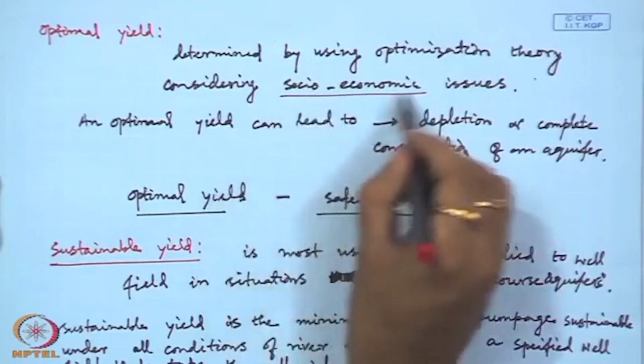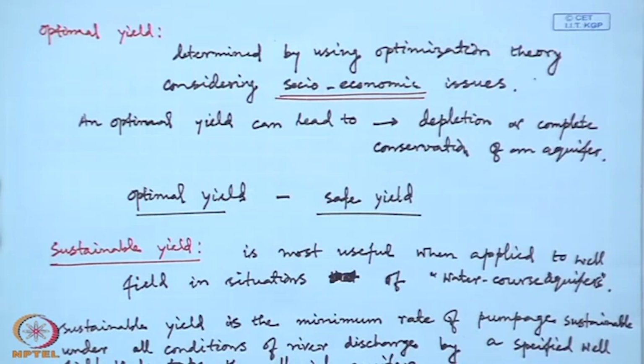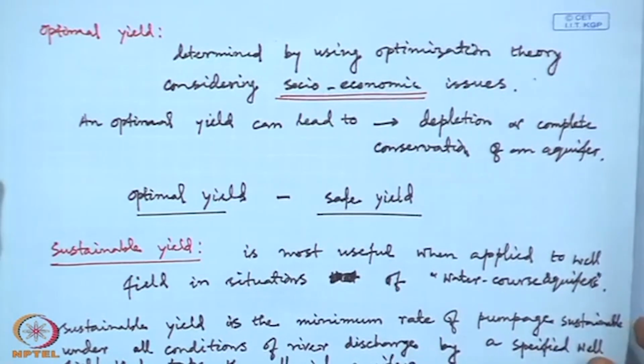So, here socio-economic issues are important. In case of sustainable yield, this is mostly applicable to water course aquifers, and this is the minimum rate of pumpage sustainable under all conditions of river discharge by a specified well field that taps the alluvial aquifer.